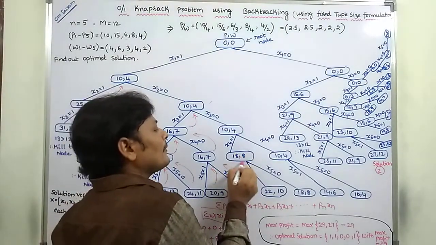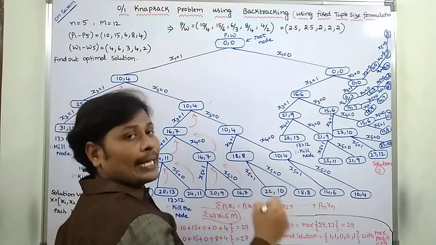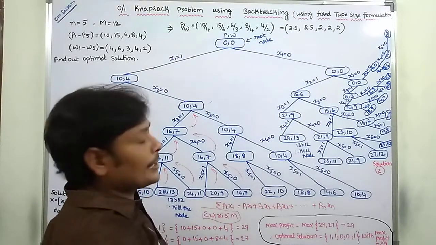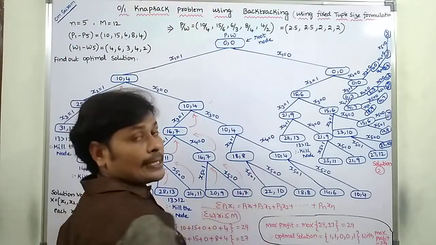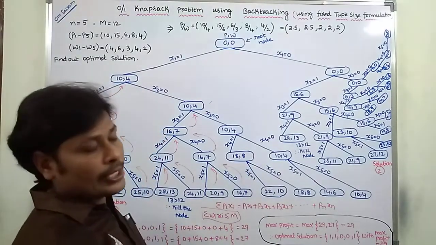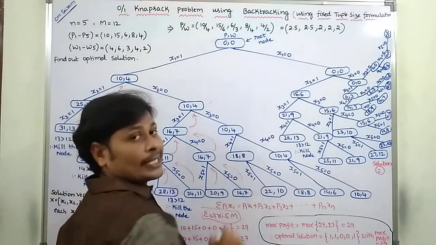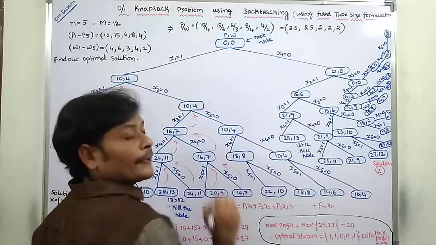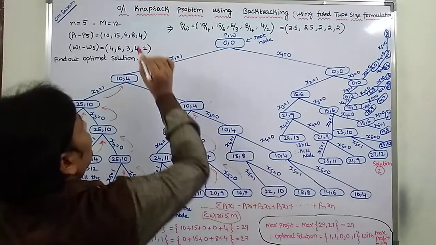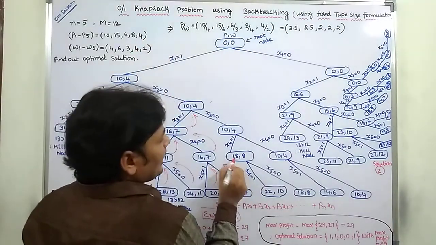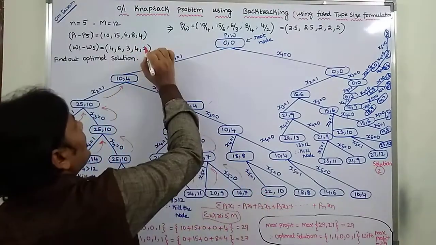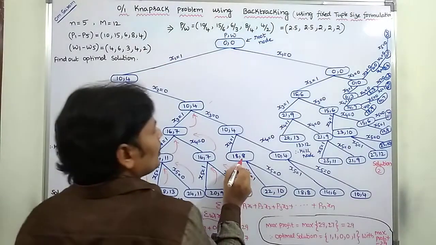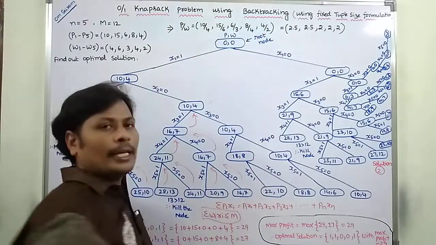Okay. So sum of the weights of the objects is less than or equal to the capacity of the knapsack. 8 less than or equal to 12. Condition true. So that we have to extend that node. Now left hand side considering the fifth object. Fifth object profit value 4. So 18 plus 4, that is 22. Fifth object weight is 2. 8 plus 2, that is 10.